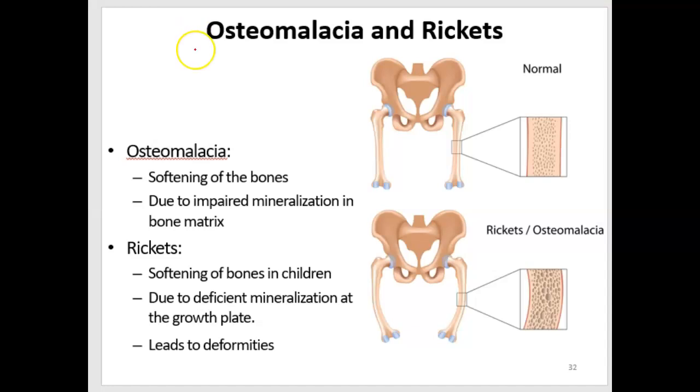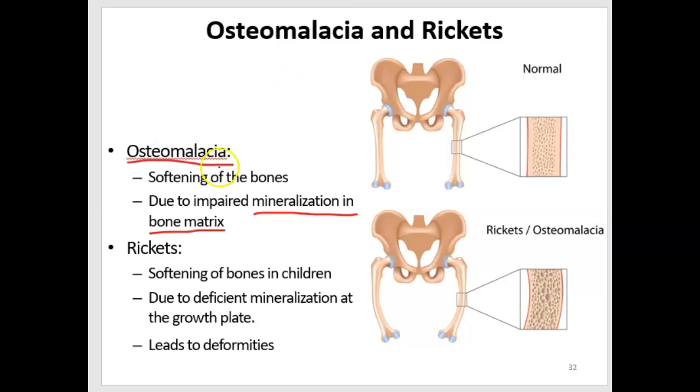There's another type of soft bone or bone weakening called osteomalacia. So in this case, there's impaired mineralization. The osteoblasts might be working to secrete soft osteoid, but there aren't enough bone minerals or enough minerals in the blood for the osteoblasts to work in causing mineralization.